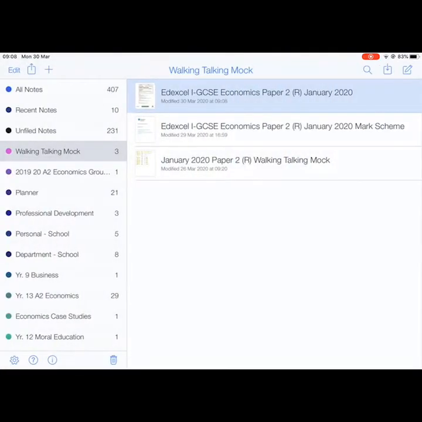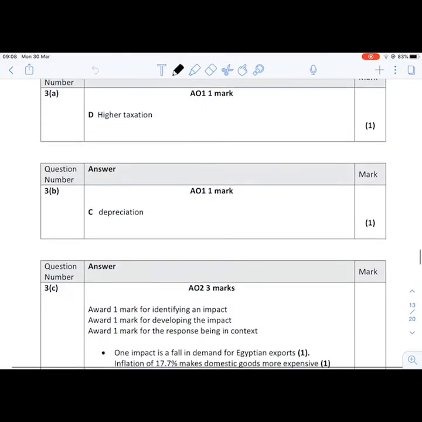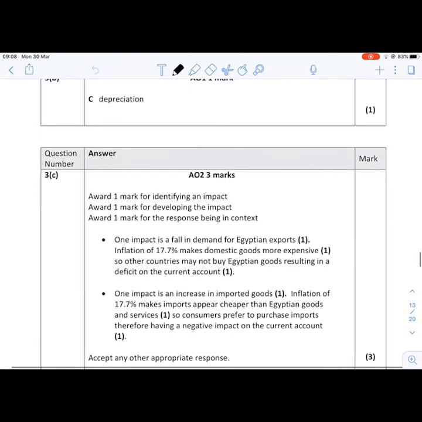Let's have a little look at the mark scheme for this particular question. So there we go. One impact is a fall in demand for Egyptian exports. Inflation of 17.7% makes domestic goods more expensive. Domestic goods, what does that mean?